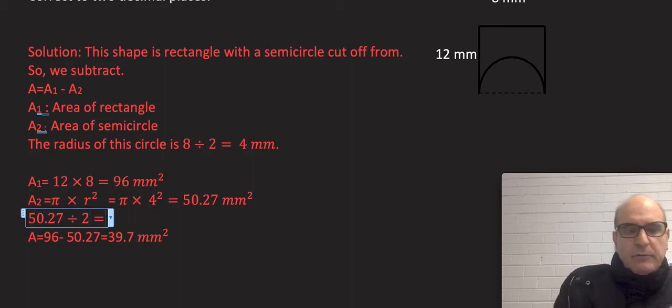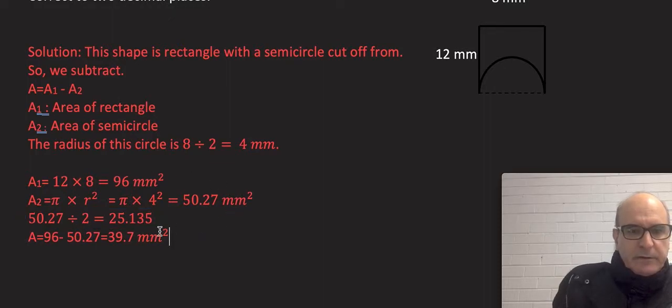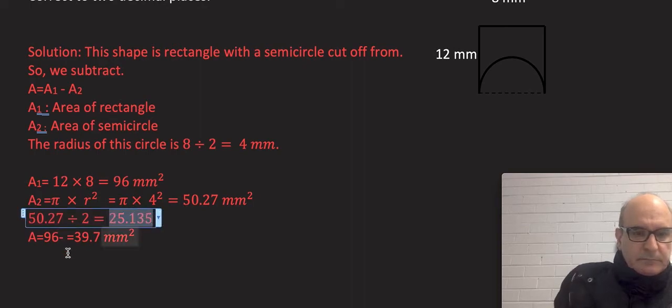Dividing by 2 gives us 25.135 square millimeters. Then we need to take that away from 96.